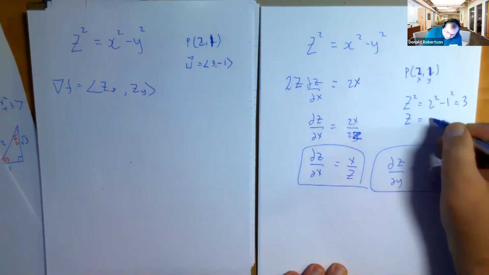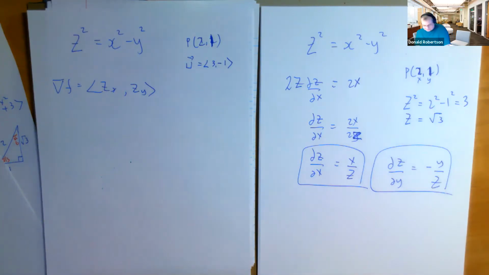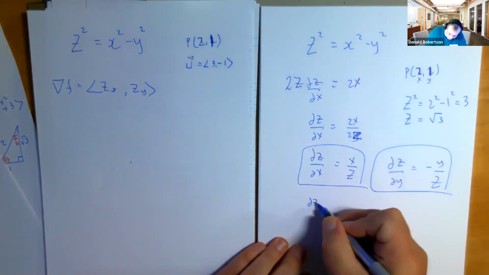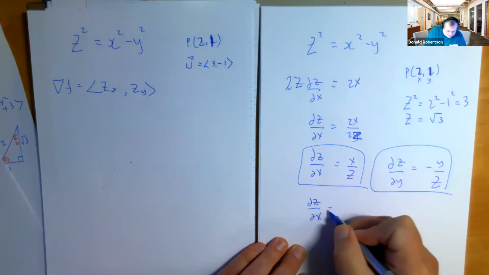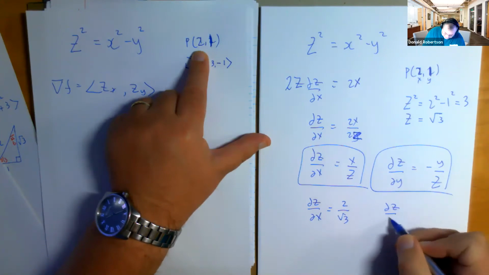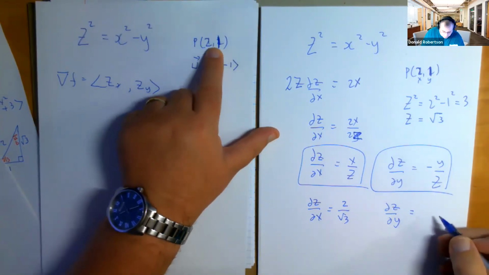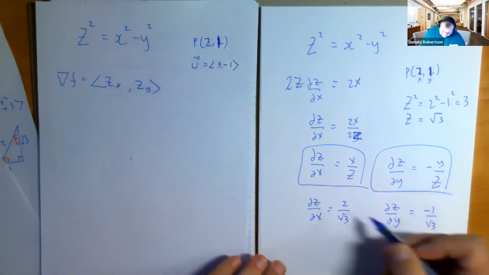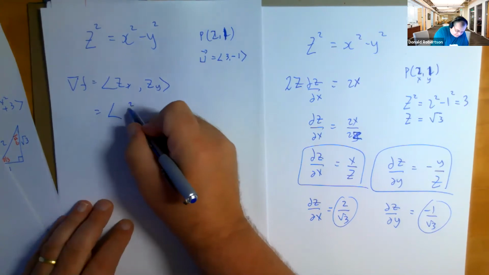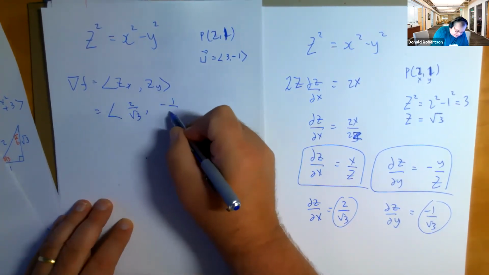And so z is going to be the square root of 3. Now, it could also be negative square root of 3, but can I pretend I tell you it's the top half of the sphere, or actually, that's not quite a sphere, but whatever. It's the top half. So this is x over z, which is 2 over root 3, and this is going to be y over root 3, and those are the two numbers that I need. So I now have 2 over root 3 and negative 1 over root 3.